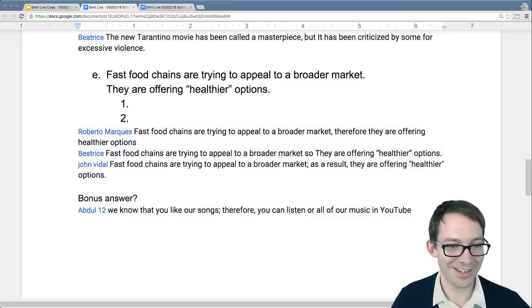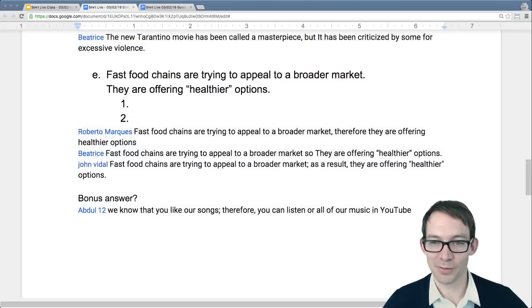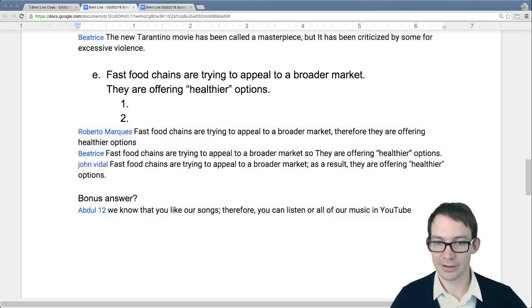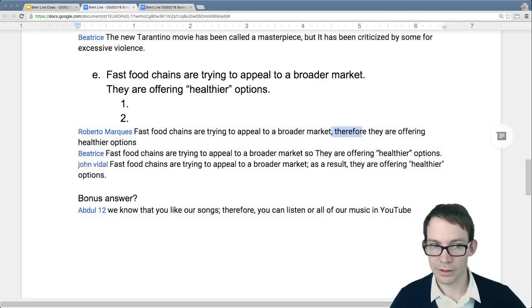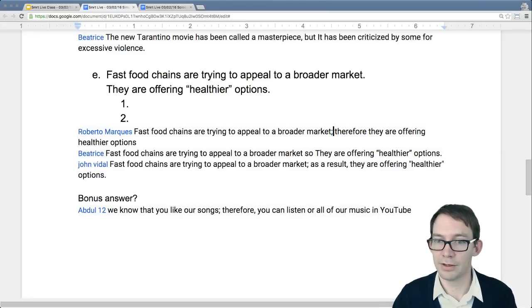Okay, is there a bonus answer down here? Okay, so fast food chains are trying to appeal to a broader market. Therefore, they are offering healthier options. Good. So you got so, as a result, therefore, this is all good. Again, the one thing I would do with Roberto's answer here, good with therefore, but make sure you're using semicolon and the comma.